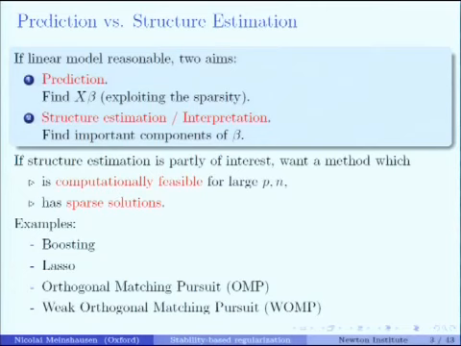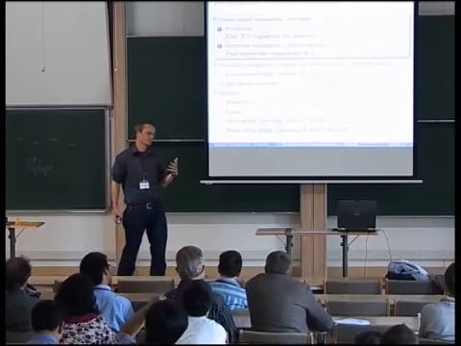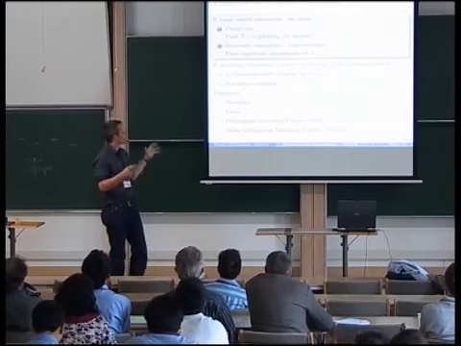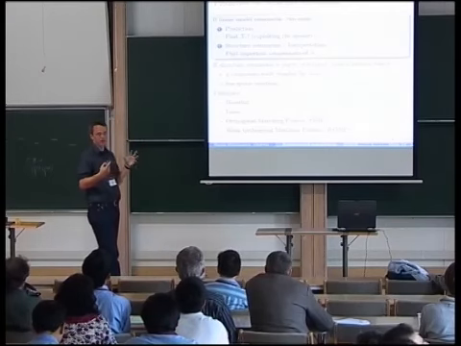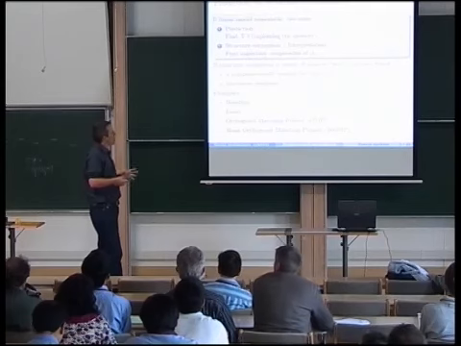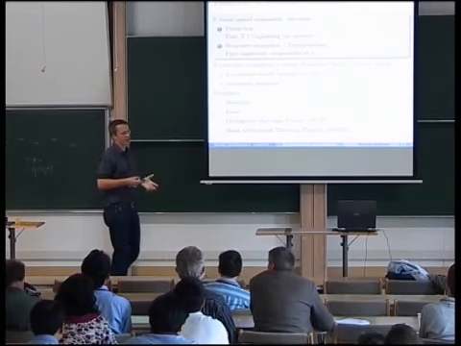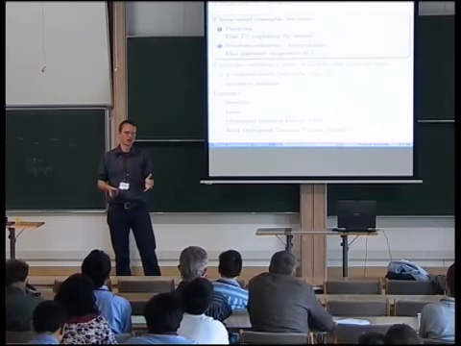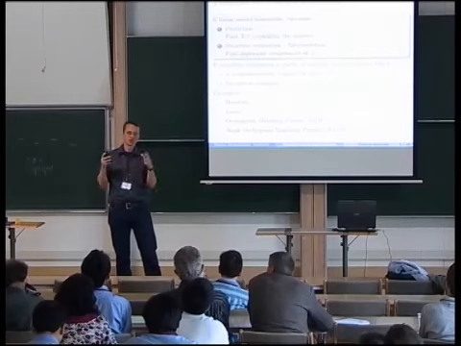And the methods you want to use in that context, of course, given the high dimensionality, the first demand you have is that the method is computationally feasible. So you're constrained to a smaller subset of methods you can use. And of course, for interpretation, you want to have a sparse solution, so you want to select really just a few of the variables and find out which are the important variables.